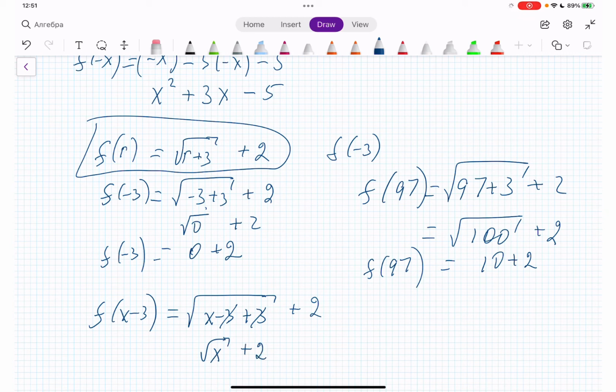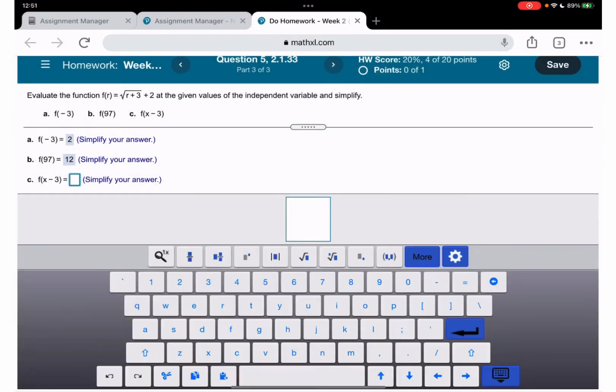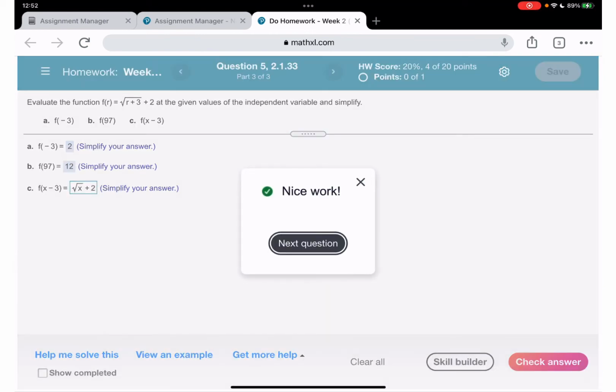That will be our answer. So let's see, where is our square root x? Here it is, square root x, and then plus 2. Very good.